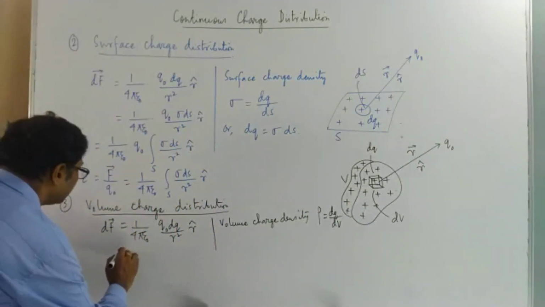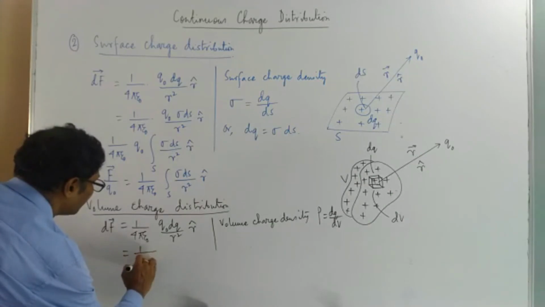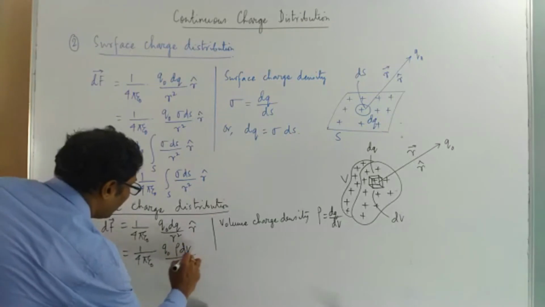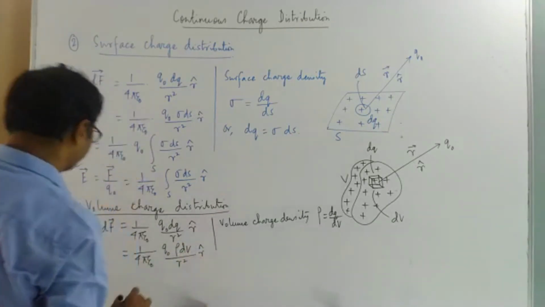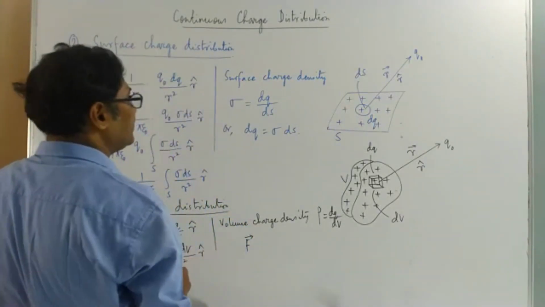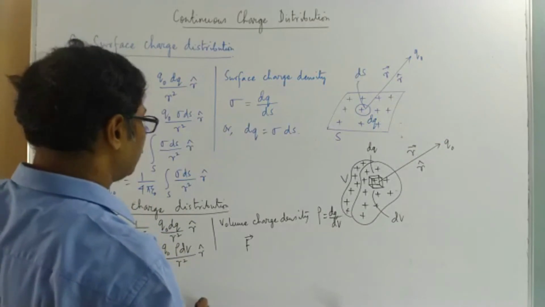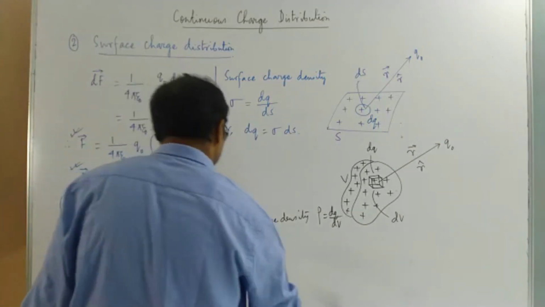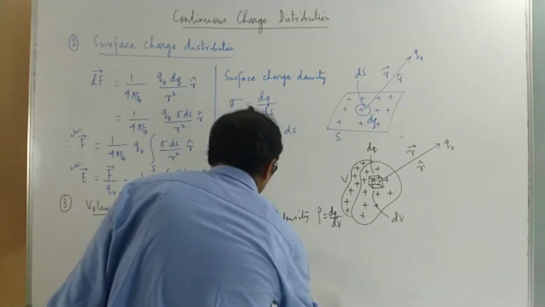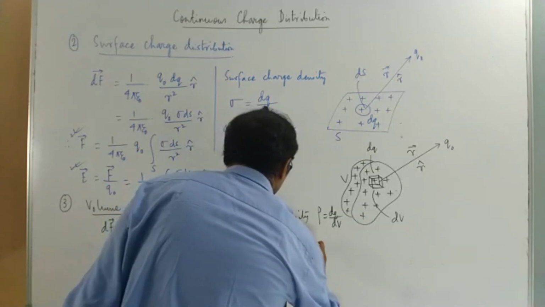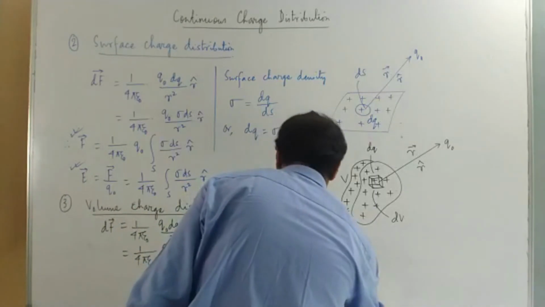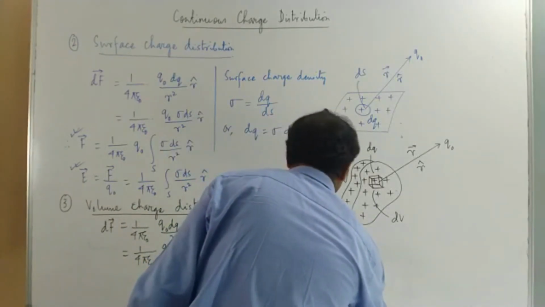If you now substitute this, I will get 1 by 4 pi epsilon 0 Q0 rho dV by r square into r cap. So finally, the total force experienced by Q0 charge due to this entire volume distribution of charge is 1 by 4 pi epsilon 0 Q0 integration taking place over the entire volume rho dV by r square into r cap.